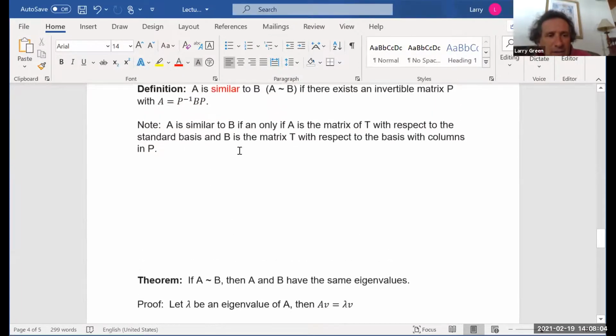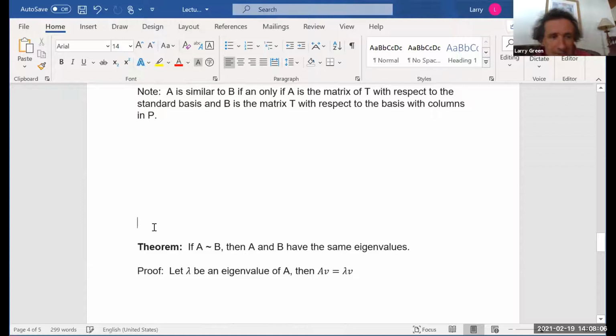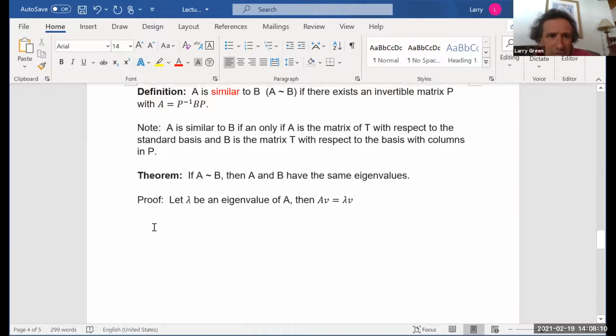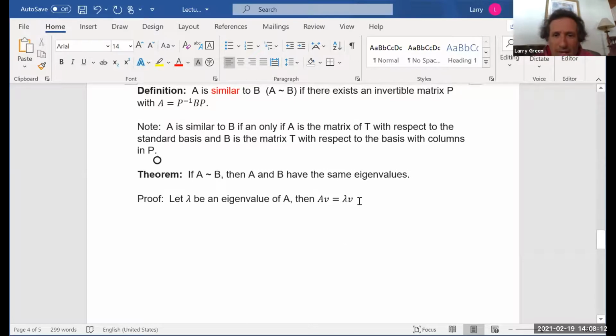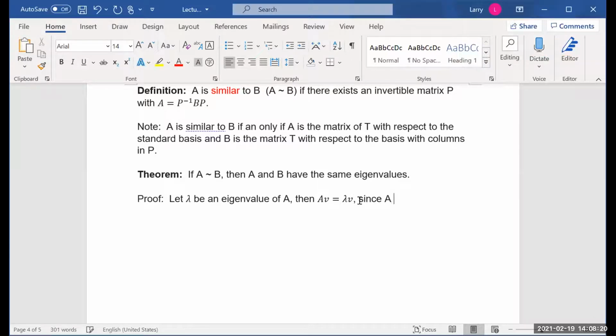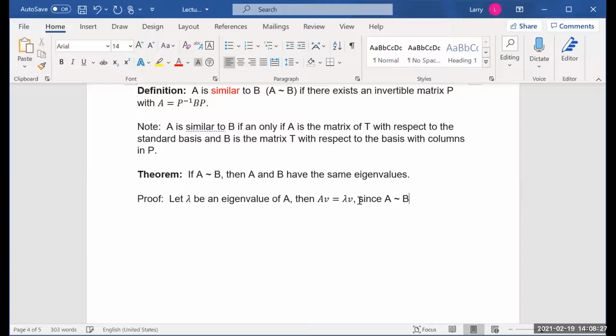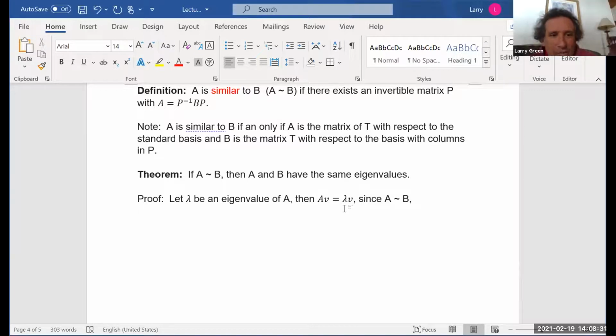Now let me scroll so that you have the definition right up there. What do we know about A? If A is similar to B, what can we say A is? It's P inverse BP. So since A is similar to B, we can substitute.